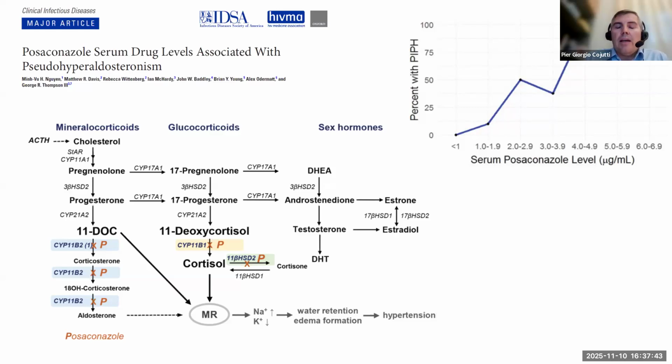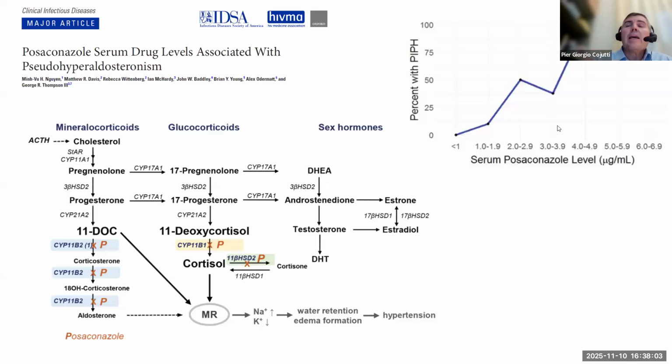Last year, I recall a patient with a potassium of 1.5, here in Bologna, due to posaconazole. At the same time, sodium retention and water retention may increase hypertension.